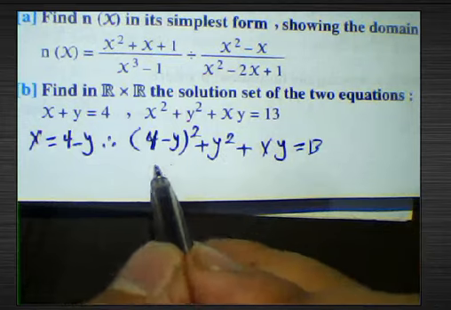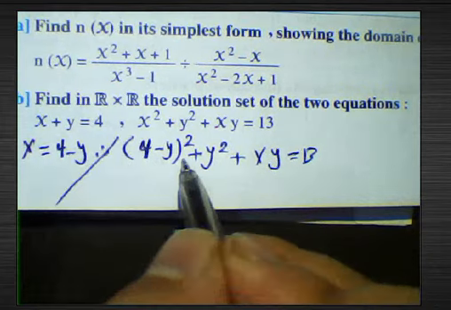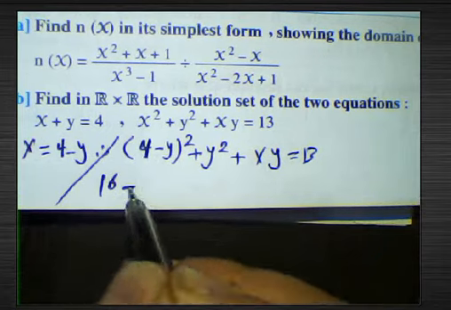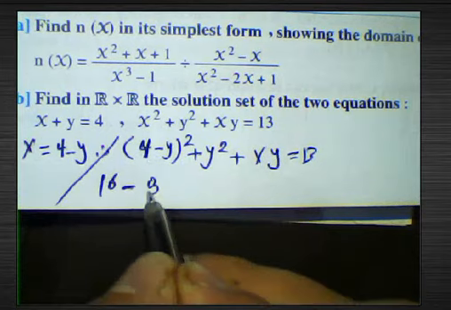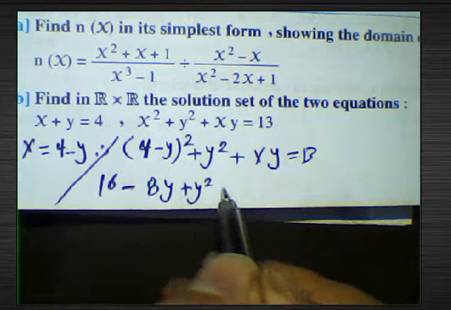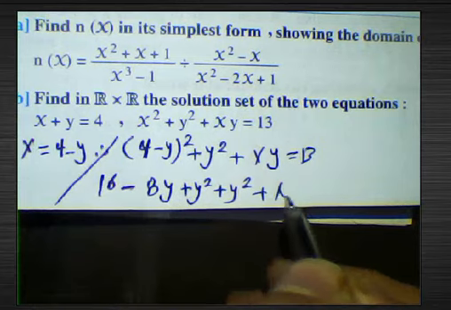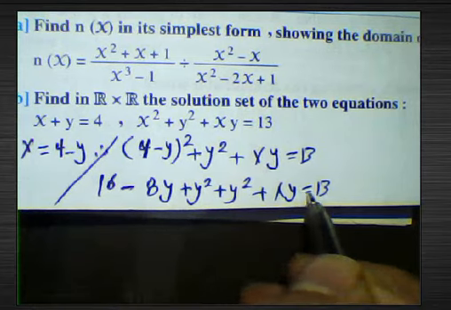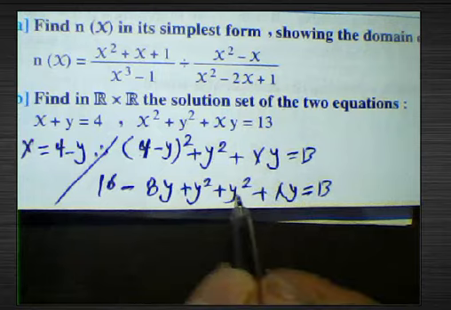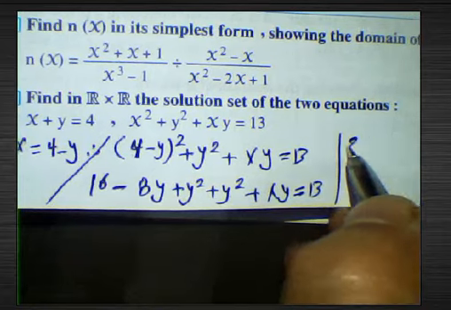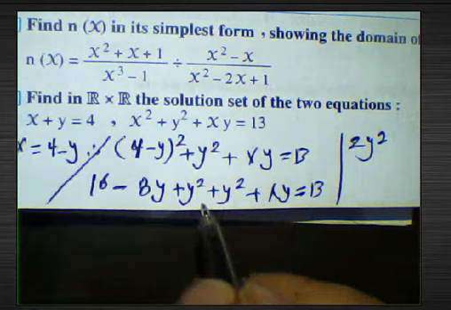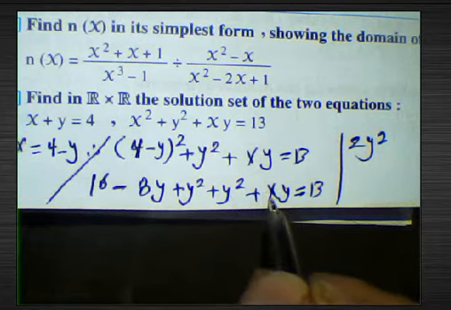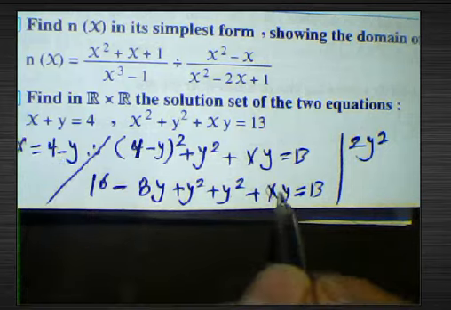You can find the result of this expression. It will be 16, minus 2 times 4 times y, which is 8y, plus y squared plus y squared plus xy equals 13. And then y squared plus y squared equals 2y squared.